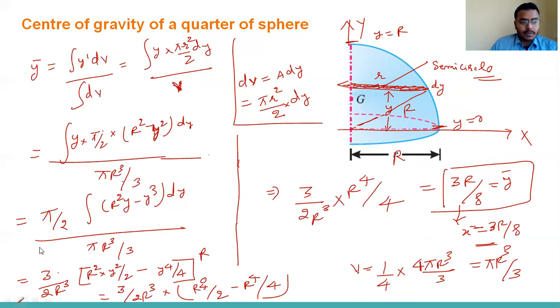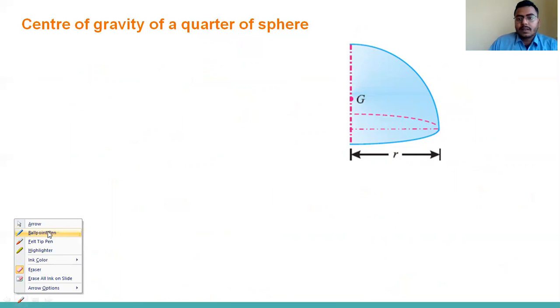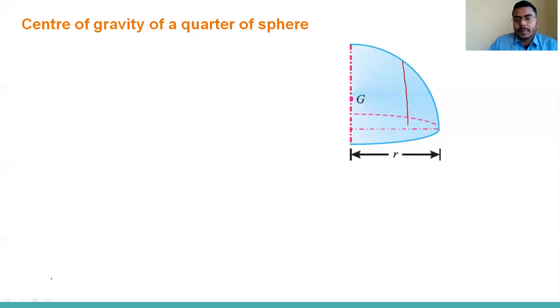But in this case, what you have to do, I'm showing a little bit. To calculate the x bar, we'll take the segment like this, parallel to the y-axis, and this will be at a distance of x.